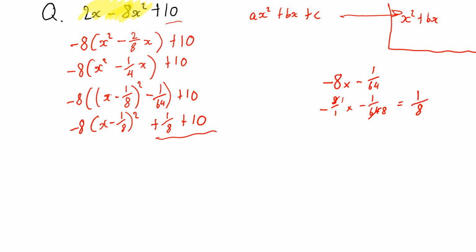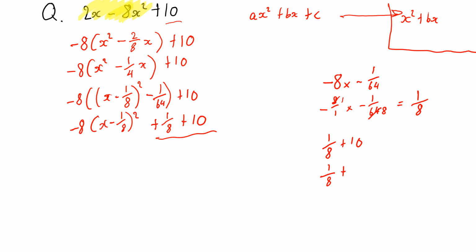So again, I need 1/8 plus 10, and I'm going to convert that 10 into an improper fraction, a top-heavy fraction. So it's going to be 1 over 8 plus, now I really want to have the denominators the same, because that's how I can add my fractions.